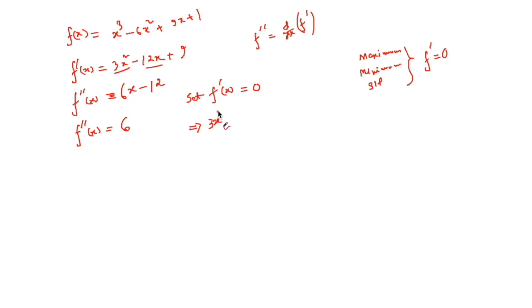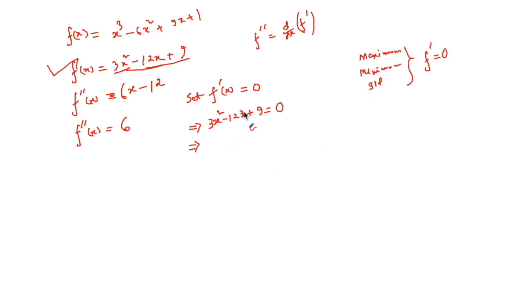We know first derivative means 3x square minus 12x plus 9. This is the first derivative, 3x square minus 12x plus 9 equal to 0. If we solve this equation, we will get the location of maximum point, minimum point, or stationary inflection points.